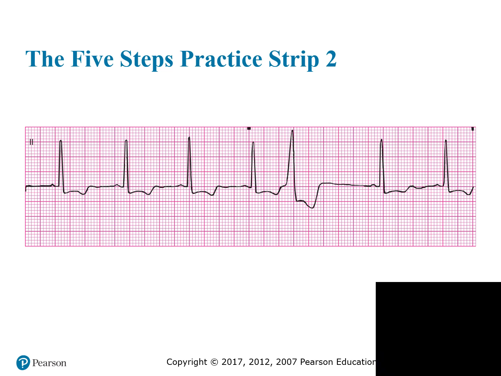But there's one trick. Are all of them uniformly shaped? No. All are uniformly shaped except 1, 2, 3, 4, 5, except the 5th beat.